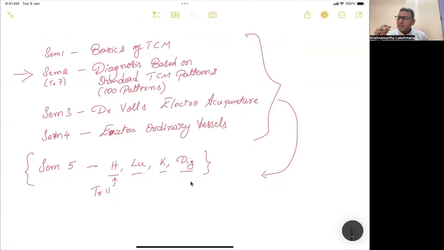That is the bread and butter of the TCM people. You should be really good in understanding the patterns. If you are not strong, then you will not be able to do a good job going forward. So one of the aims of this course is not just to make you understand this, but to make your semester 2 treatise 7 strong.